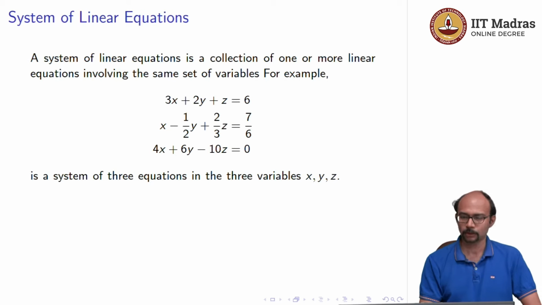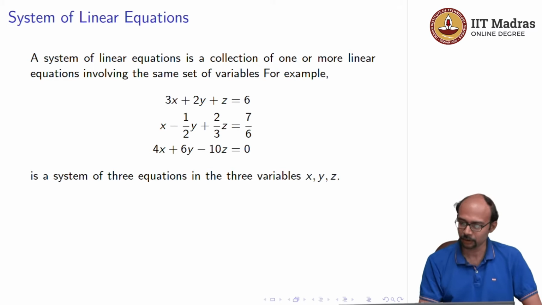So what is a system of linear equations? That means we have several linear equations. We saw one linear equation, of the form a1x1 plus a2x2 plus anxn is b. Now we have many such equations, but in the same set of unknowns. So x1, x2, xn remain the same, but the coefficients and the constant at the end change.